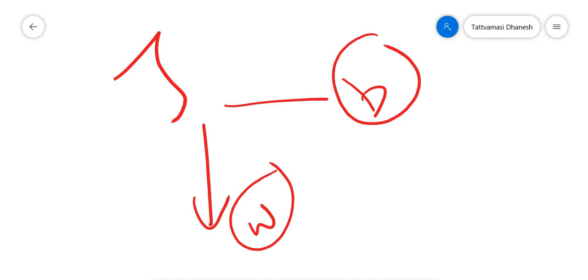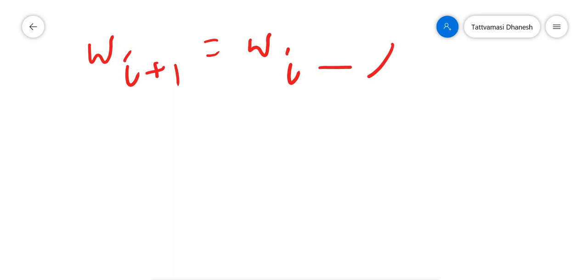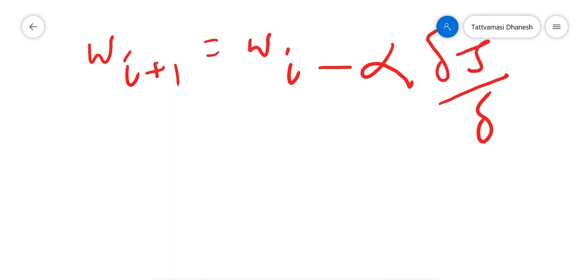So the previously written equation can be changed. Instead of x, we come up with the new equation. For weight, I can write W of i plus 1 is equal to Wi minus alpha into dou J by dou W, because that is f dash.